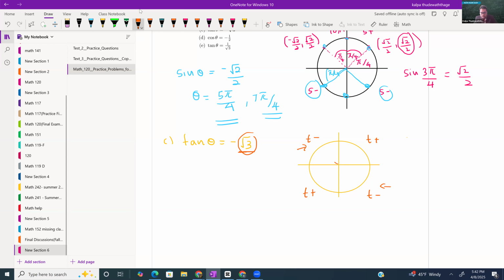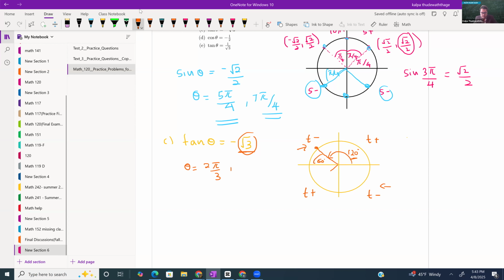So the reference angle is 60. The reference angle is the angle that you always measure from the x-axis. So the amount you need to travel is 120 degrees. So one of the theta values is 120. You can write it as 2 pi over 3, because pi over 3 is 60, so 2 pi over 3 is 120.